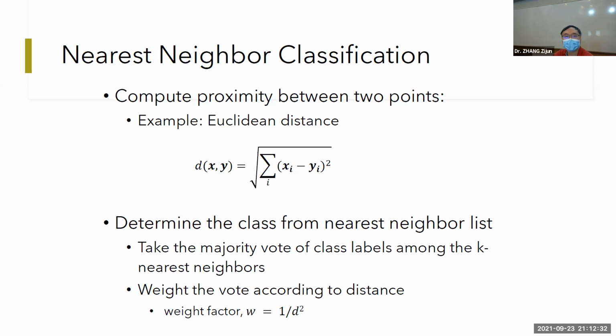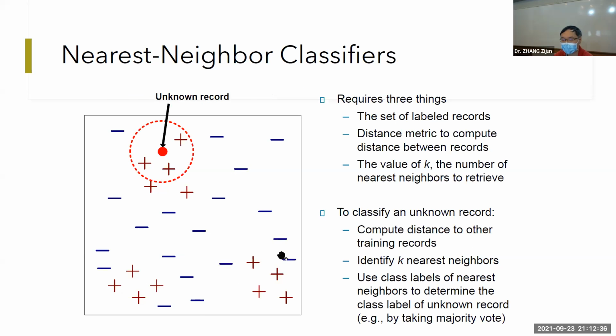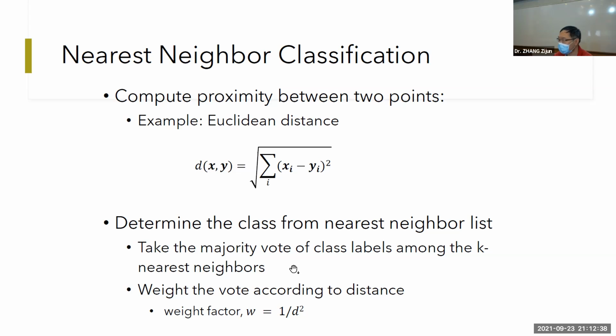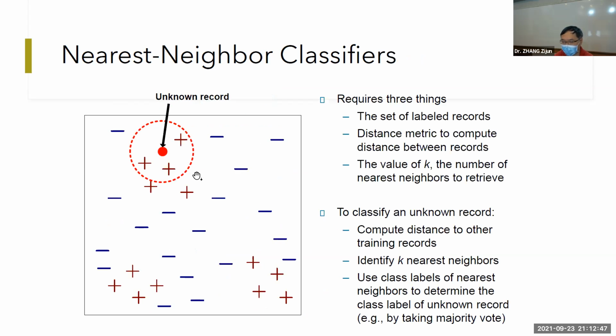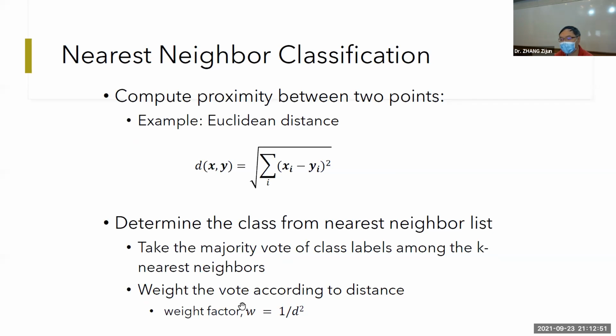We can also assign weights. Another training issue is, once we determine the number k, in some applications we can consider assigning a weight factor to different neighbors. This weight factor can be directly set equal to 1 over the distance.